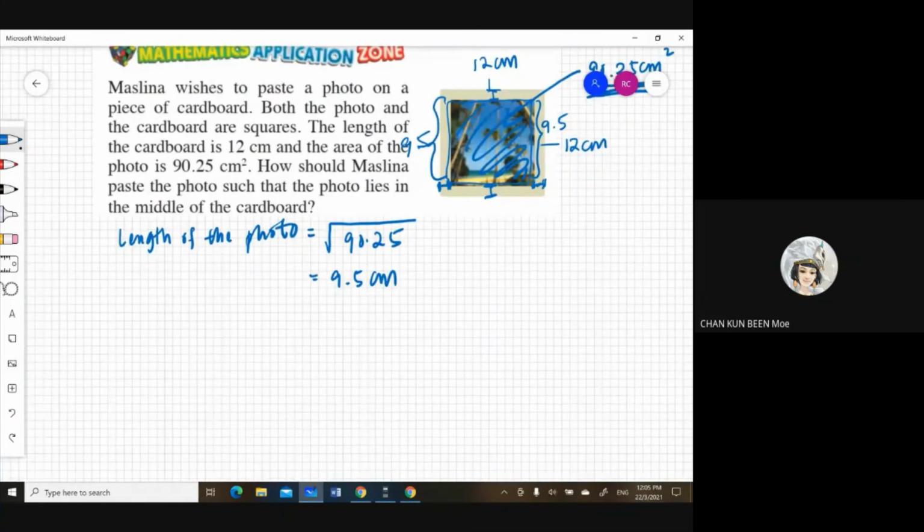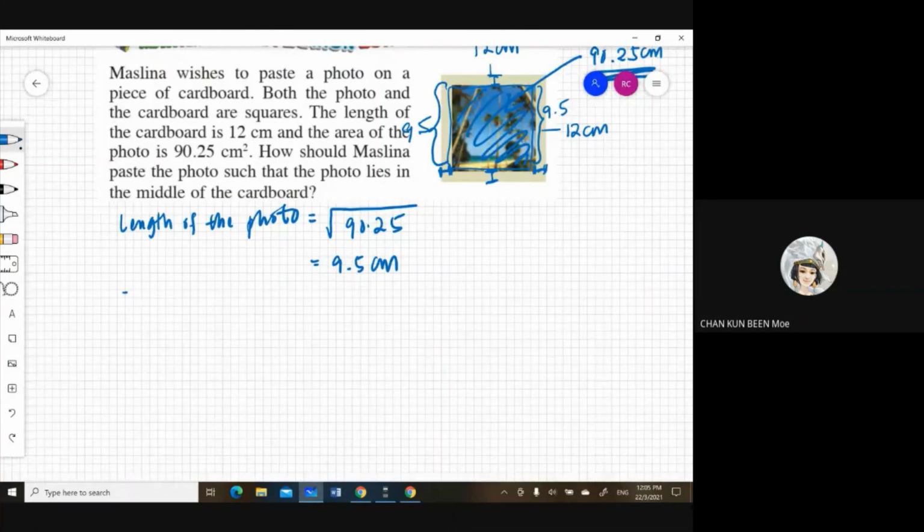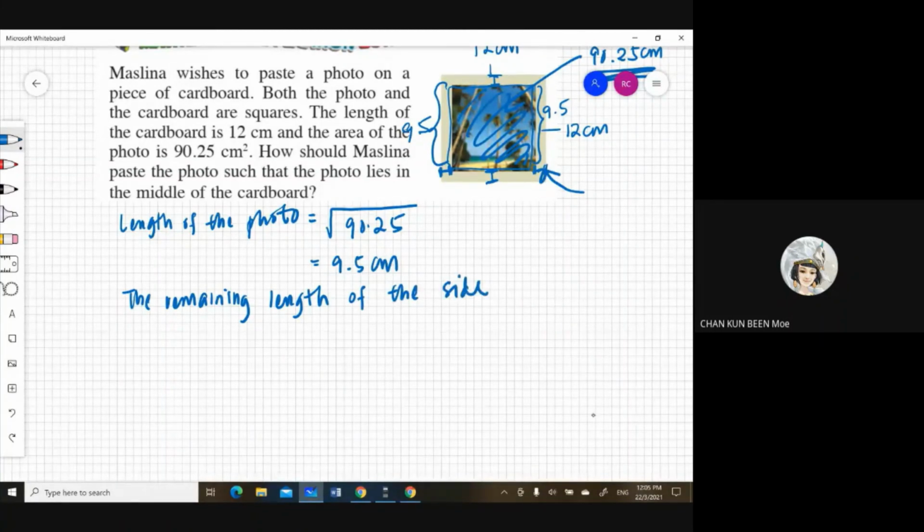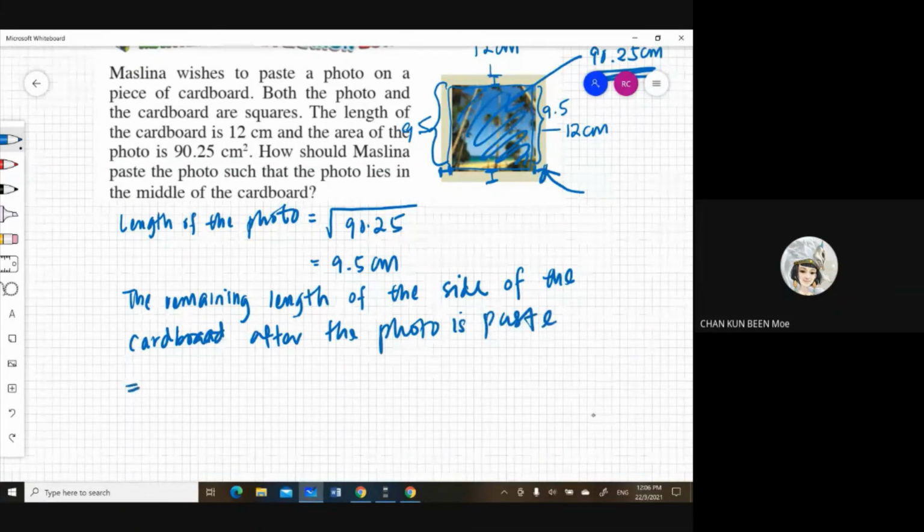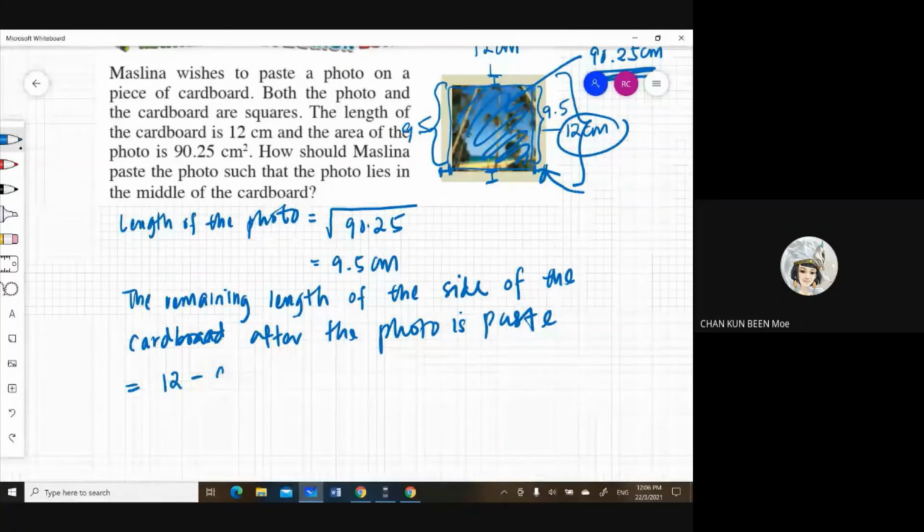So I'm going to write down the remaining length of the side of the cupboard after the photo is pasted is equal to the length of the cupboard, which is 12, minus the length of the photo, which is 9.5.